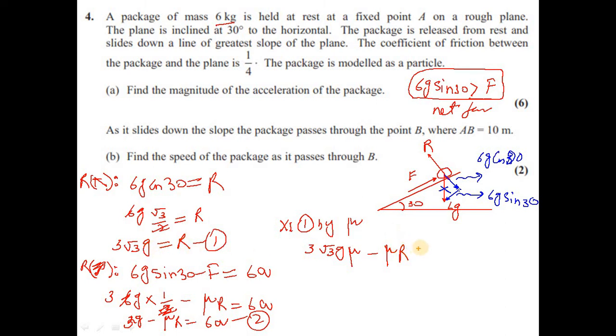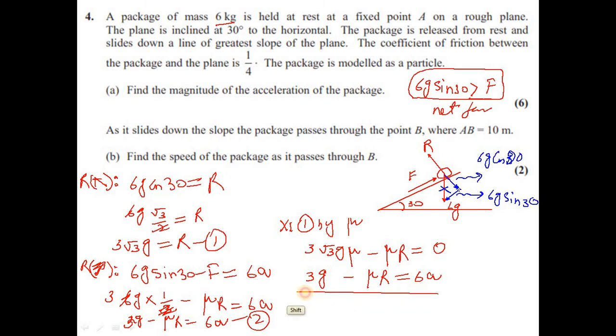So minus mu R is equal to 0. Then I'm going to subtract this equation from equation 2, or subtract 2 from 1, whatever suits you. So I'm writing equation 2 underneath. This is 3g minus mu R is equal to 6a.